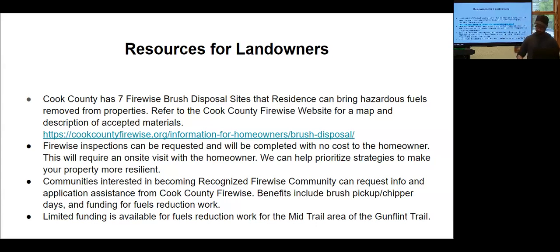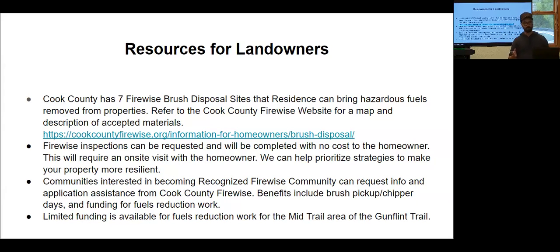Beyond that, if you're interested in, as a community, maybe you have a lake association already, becoming a recognized Firewise community, then there are additional resources that I have available to help these communities out.